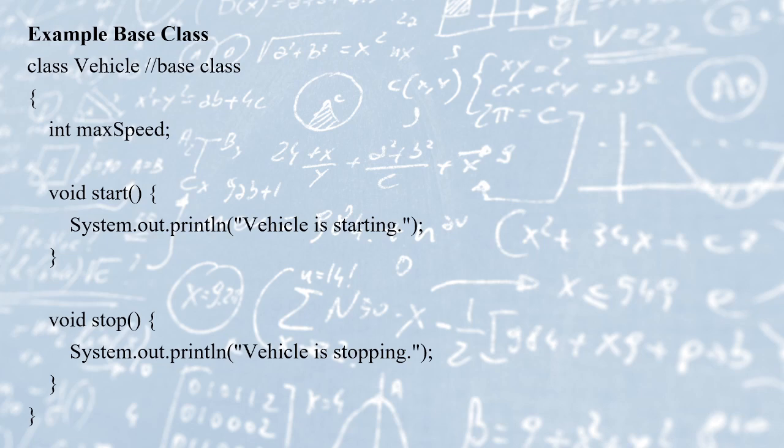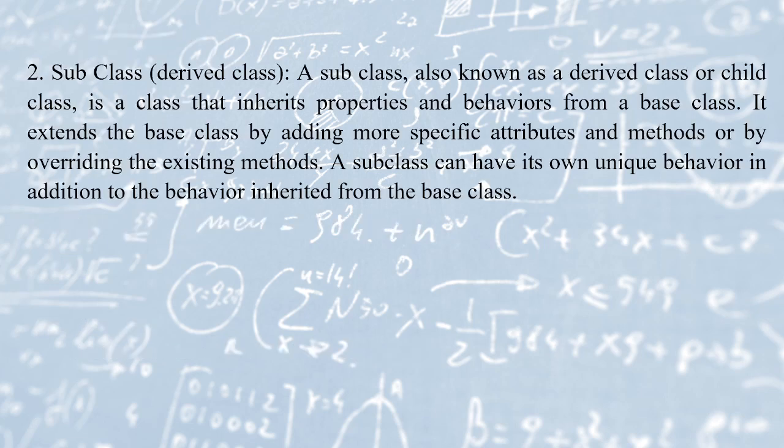Okay, so we have a base class here, just an example, but we'll be looking at broader examples to understand it better. We'll be having two more examples, but let us talk about a subclass first, and then we'll go for the superclass and the final example where we will be assembling everything together.